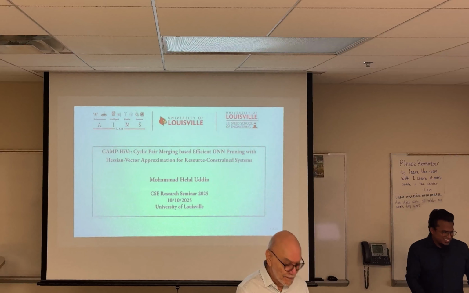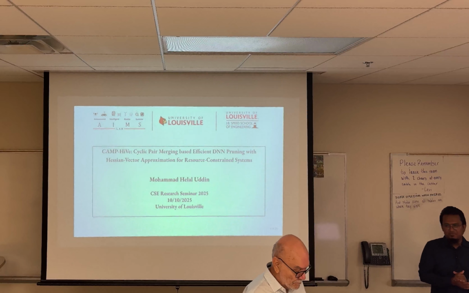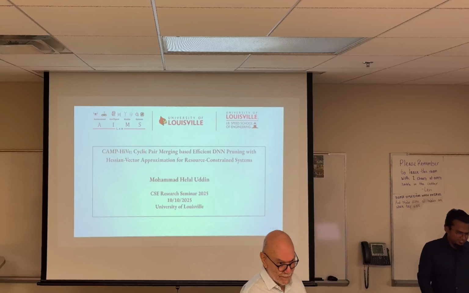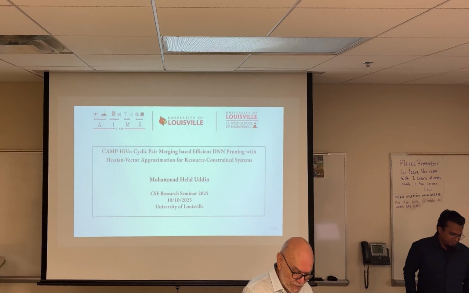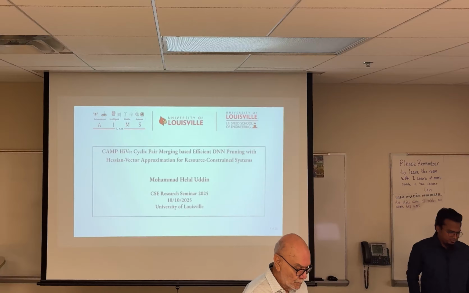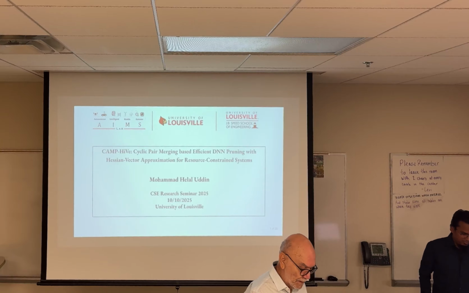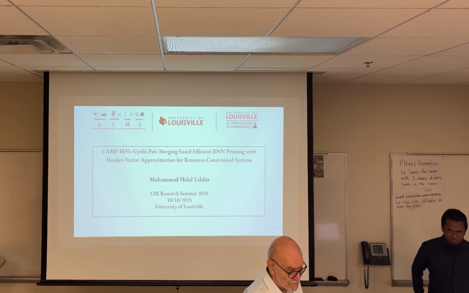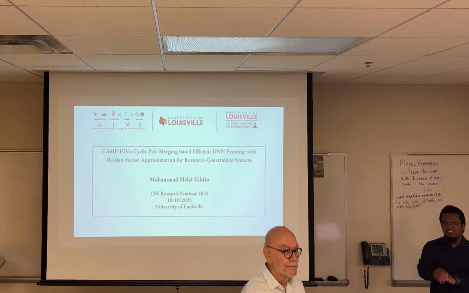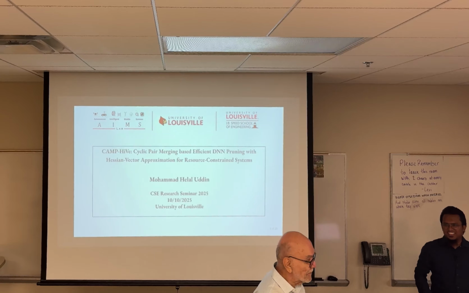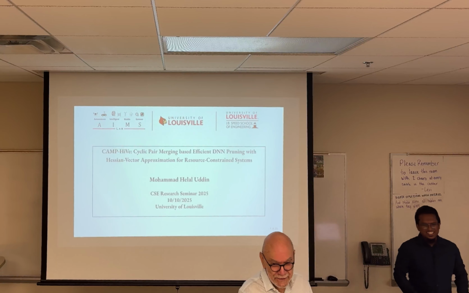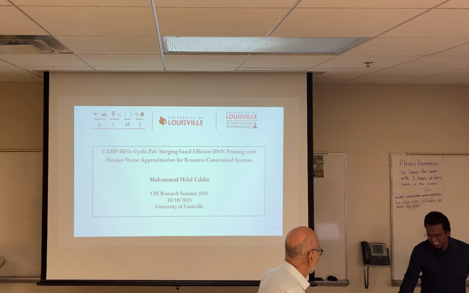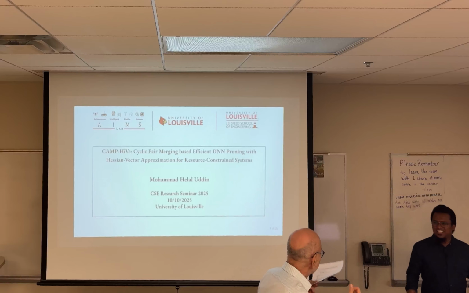But the title of today's presentation is CAMP-HiVe, that is the shortened notation: Cyclic Pair Merging based Efficient DNN Pruning with Hessian-Vector Approximation for Resource Constrained Systems. If you still don't understand, believe me, I don't understand. I hope the speaker will explain. Okay, it's your time.